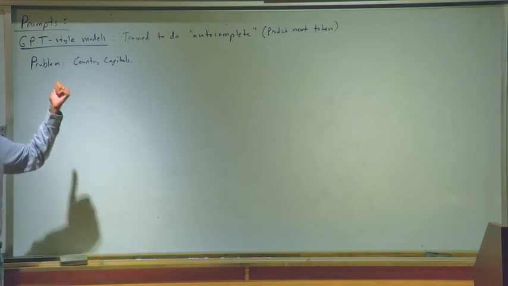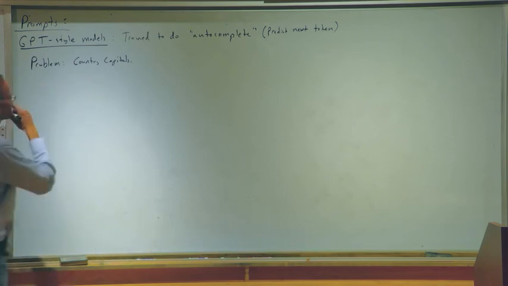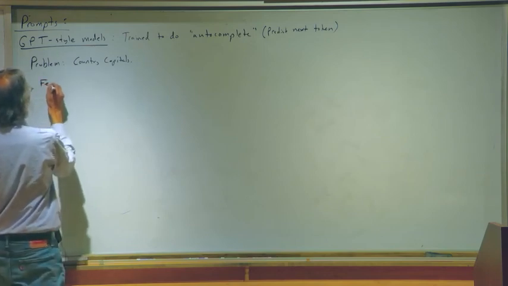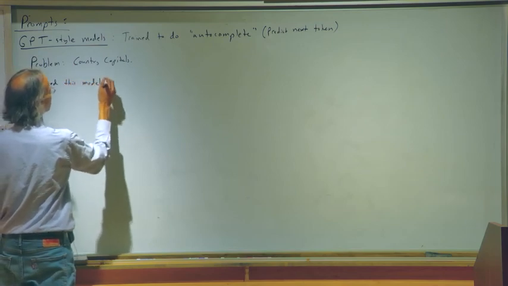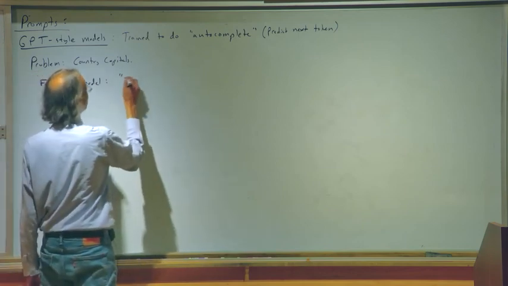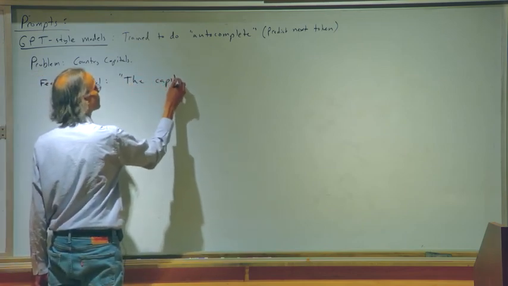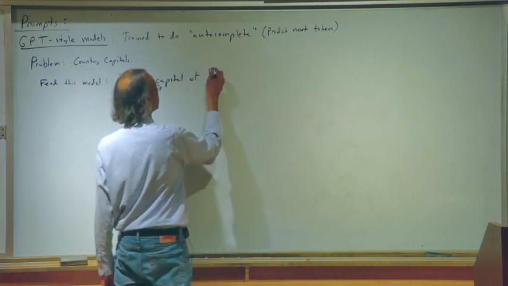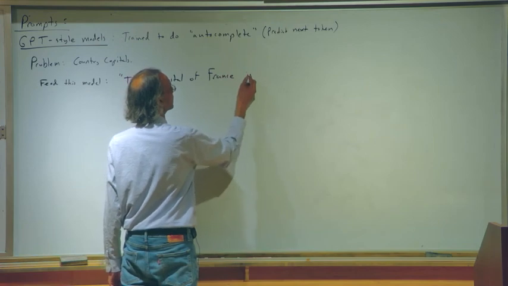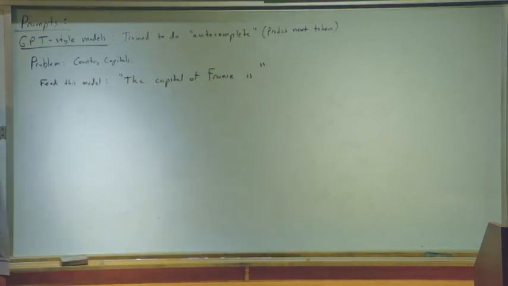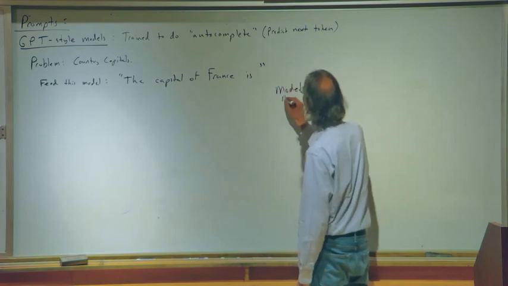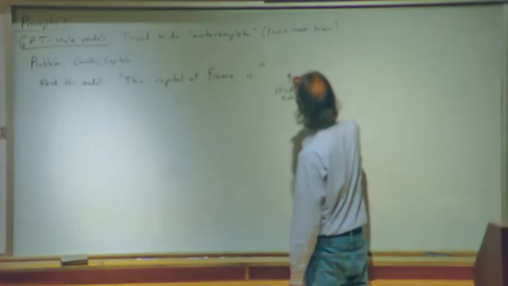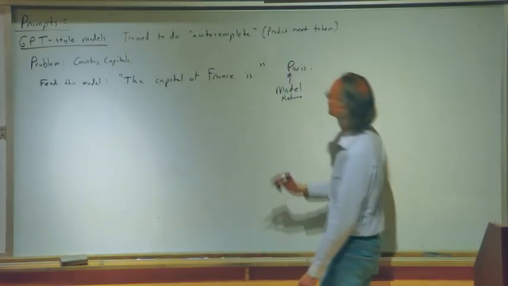So people said, let me see what happens if I use GPT on it as a black box. You feed this model the input, "The capital of France is," and you see what it completes it with. The model returns "Paris."